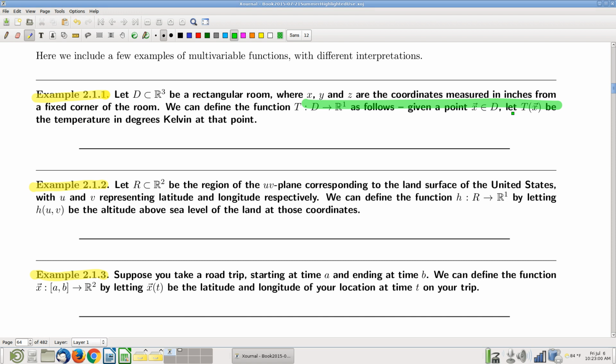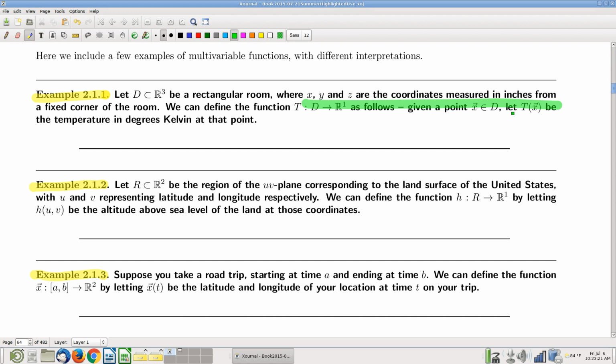So any point in space, like this point right there, let's imagine some point right there. I can describe that point by 3 numbers, x, y, and z, the coordinates of that point. I can then say, here's the formula for my function. If you give me an x, a y, and a z, I'm going to go to that point in space.